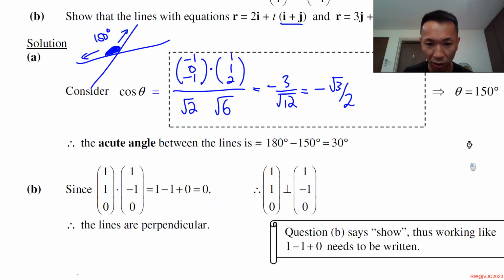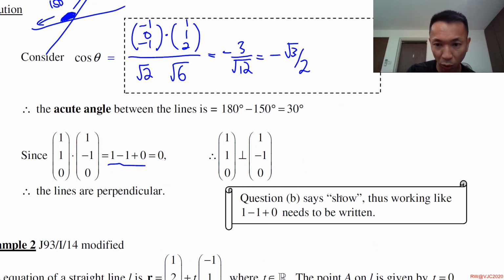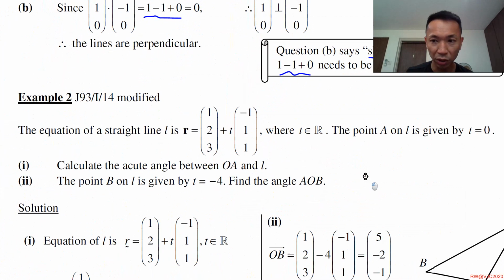You just need to take the dot product of the two direction vectors, and you happen to get 0. Just take note that this line is important because it's a show question. So this line needs to be written. You cannot just give 0. Show that you have actually done some working. Then you conclude that since the dot product is 0, it's perpendicular. All right?